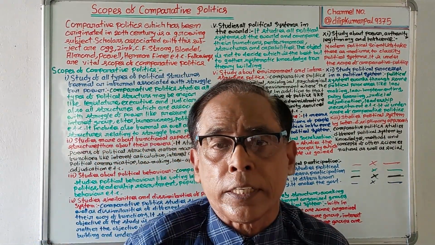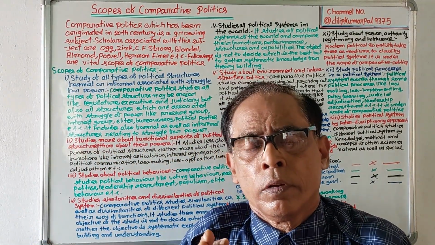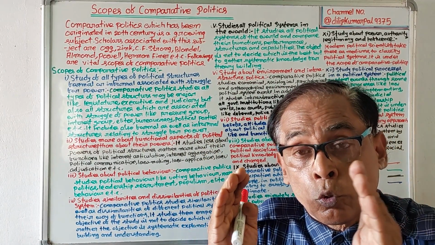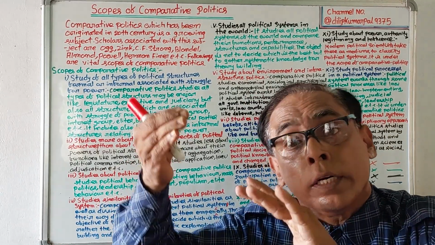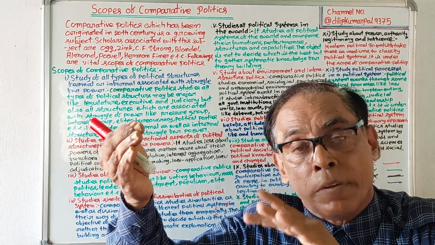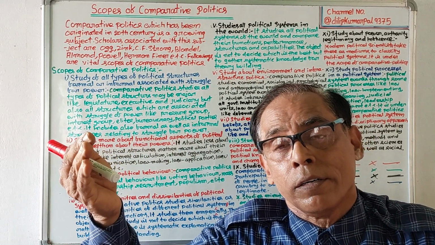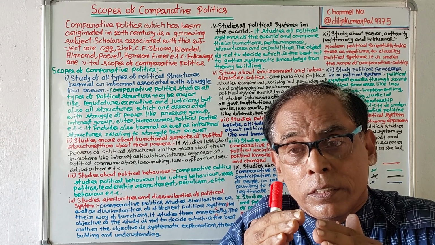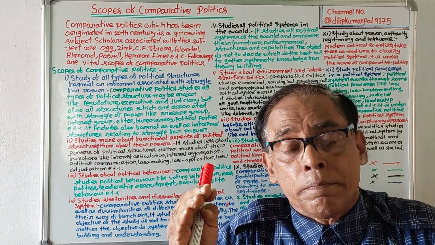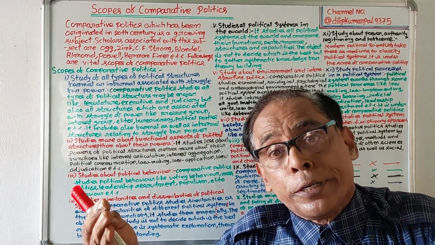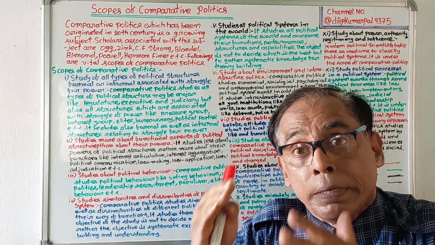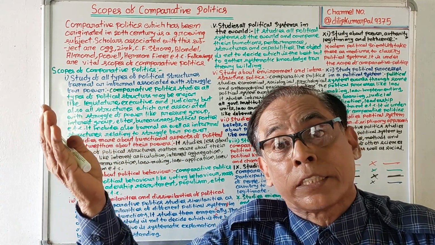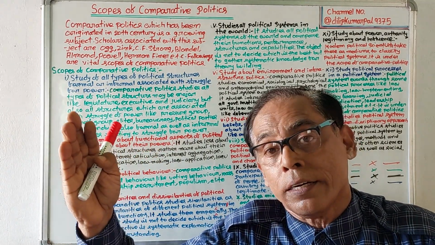Another scope of comparative politics is that it studies political system through the knowledge of other sciences, maybe social or natural. So it studies political system and matters relating to it with the help of knowledge and methods of other subjects, maybe social and natural.